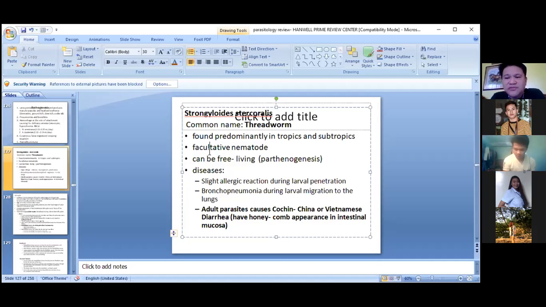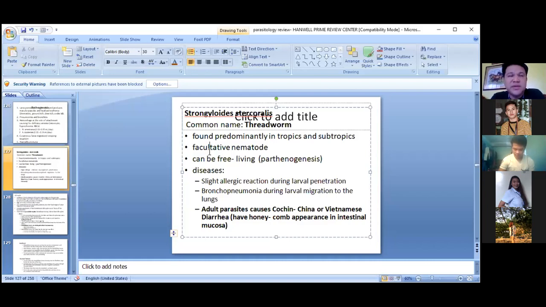However, a lot of nematodes are also threadworm. Example, Dracunculus medinensis, the longest nematode, is a threadworm. No? Trichinella spiralis is also described to be a threadworm. But please remember, we gave them other common names so as not to create confusion. So for Strongyloides stercoralis, the common name, let it be, no, that the common name is threadworm.